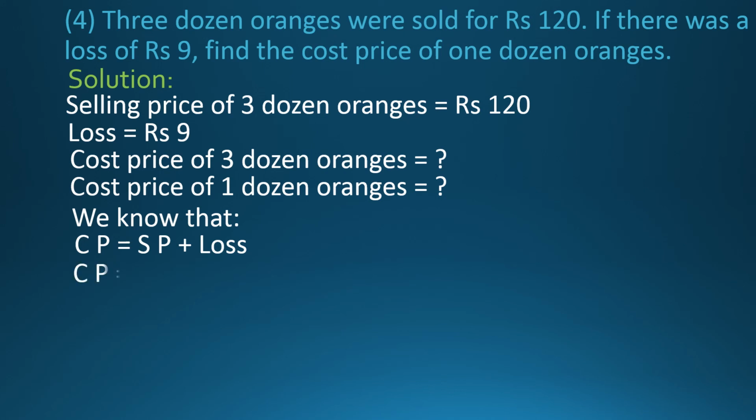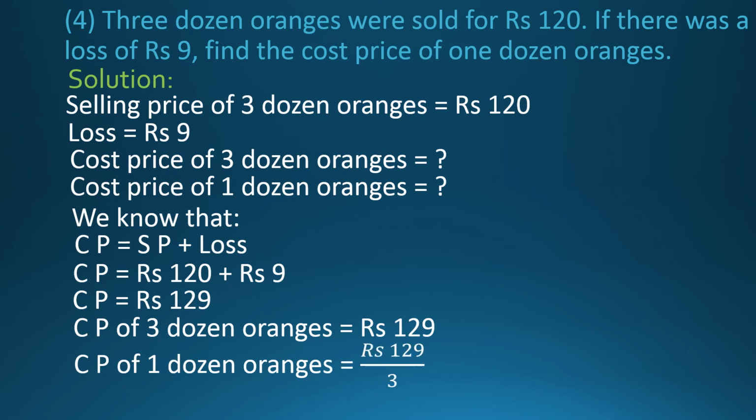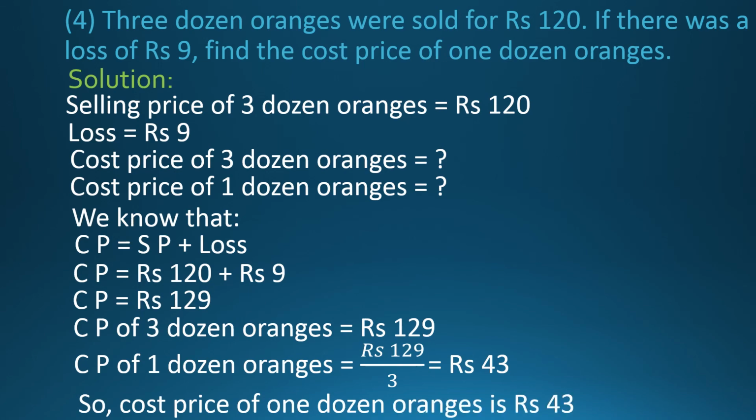Now put the value. Rupees 120 plus rupees 9, we get rupees 129. So CP is equal to rupees 129. If cost price of 3 dozen oranges is equal to rupees 129, then cost price of 1 dozen oranges is equal to rupees 129 divided by 3. Now divide, we get rupees 43. So cost price of 1 dozen oranges is rupees 43.